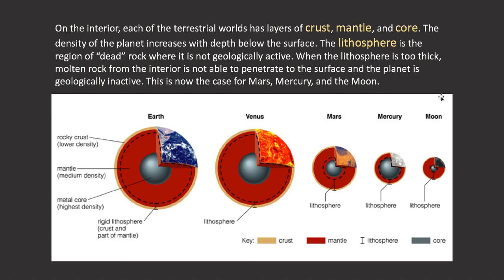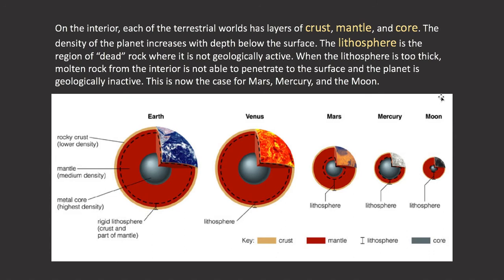Okay, going into the interior of these planets. Each of the planets has a set of layers: the crust, the mantle, and the core. And in the core is where you'd find the most dense material. In the crust, you'd find the lightest material, least dense material.